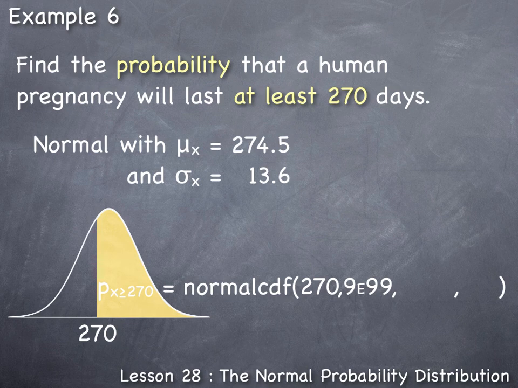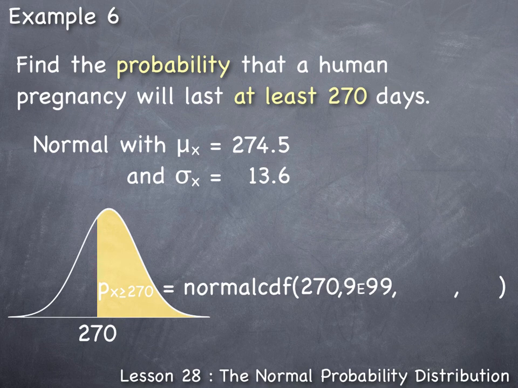Now we know that human pregnancies will not last this long. But since we don't know what the absolute maximum value is, we just have to enter a value that goes completely past the maximum. Once you get past the maximum, the probability is 0, none of the bell-shaped curve goes beyond that. So the normal CDF command will just accumulate all these probabilities of 0 for values that are impossible or go past the maximum.